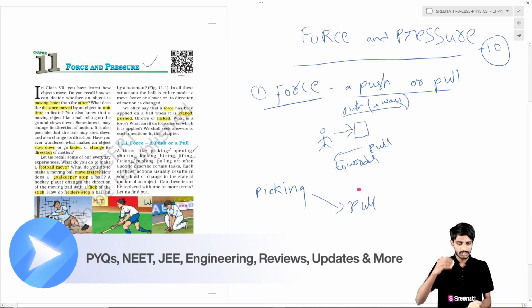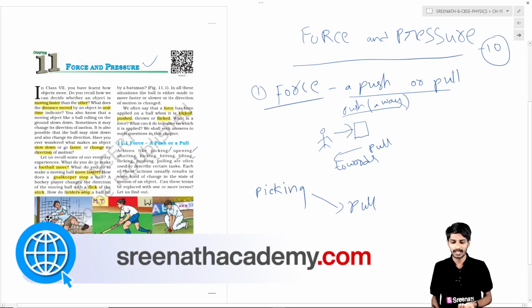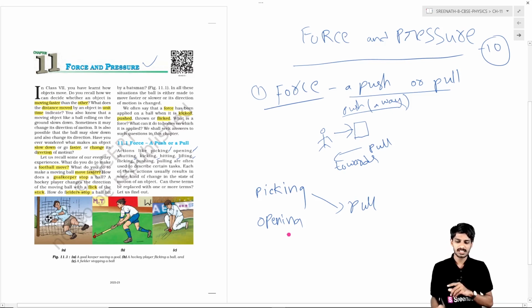Picking is nothing but pull. Why pull? You are taking one mango from the basket and moving that mango towards you, which means pulling. Next is opening a door. Suppose a door is there. How will you open it? You take the handle and drag the door towards you, which is also pull.